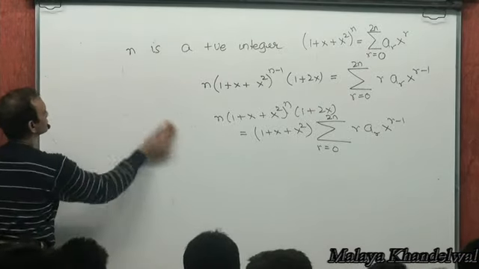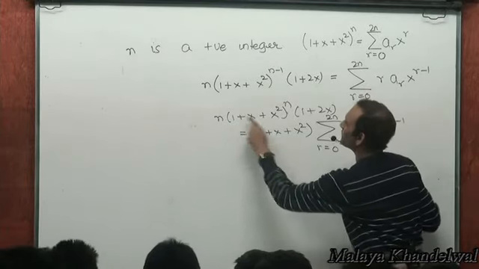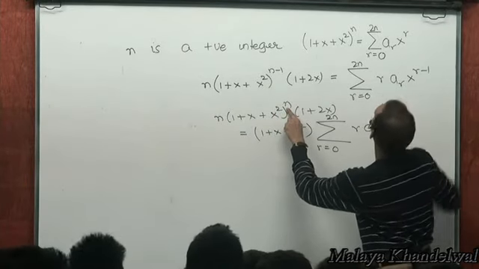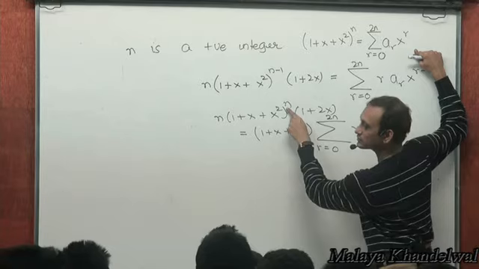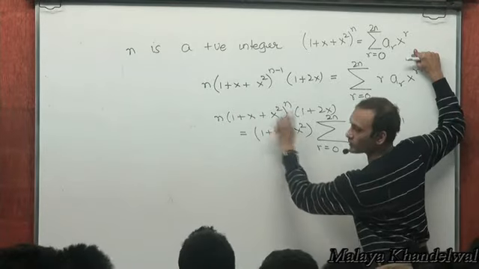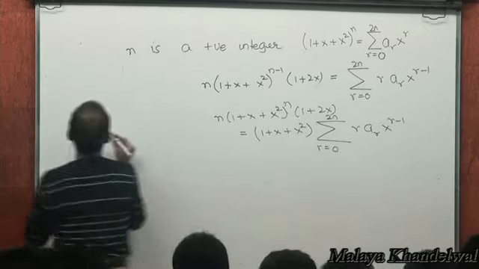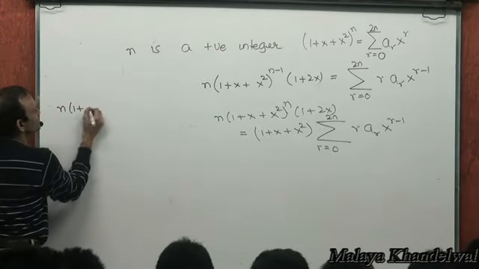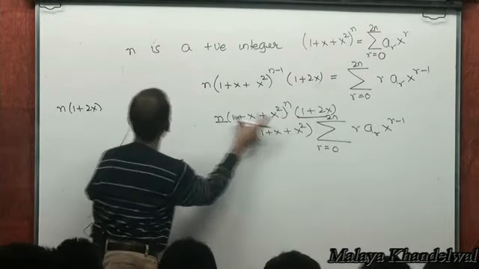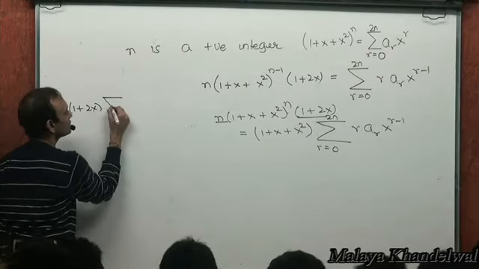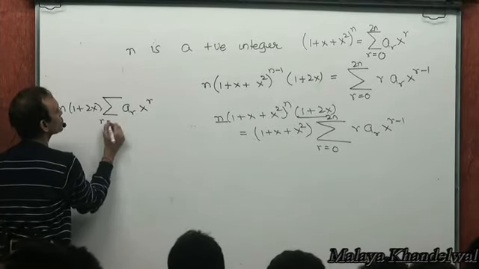Now, (1 + x + x²)^n is actually summation a_r·x^r. So n into (1 + 2x), this I bring together, and this I write as summation a_r·x^r, r equal to 0 to 2n.